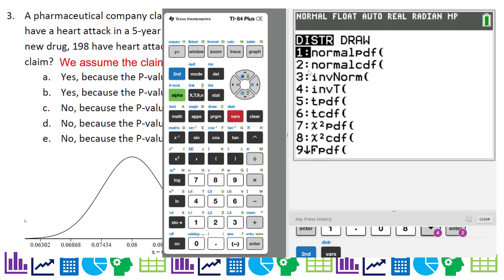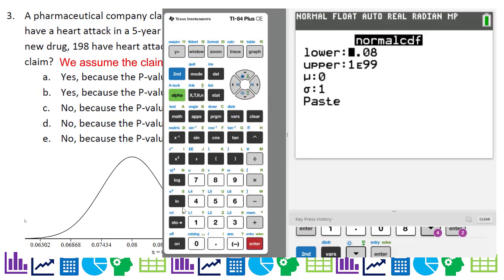Second distribution. We go back to normal CDF. And this time we're saying, what are we worried about? Well, we're wondering the probability of getting our sample proportion or more extreme. So don't put the 0.08 here, right? Because 0.08 is our hypothesized P. That's not what we got on our sample. We put what we got on our sample there.